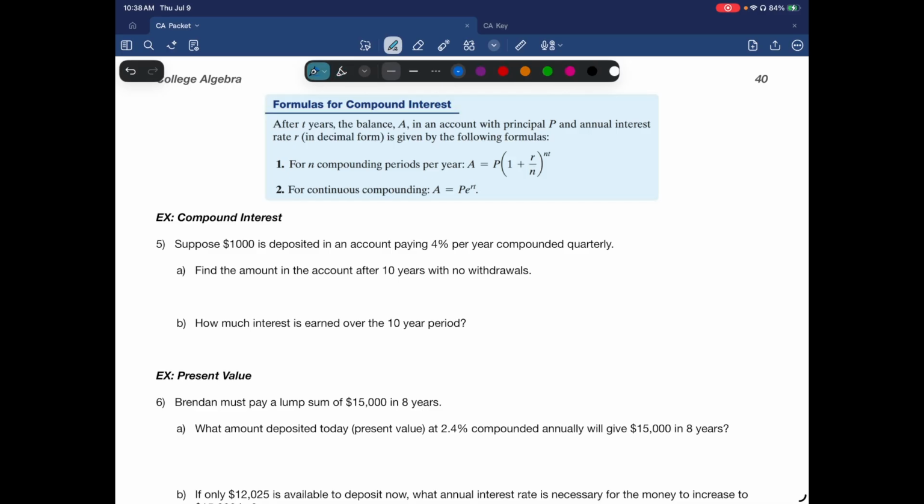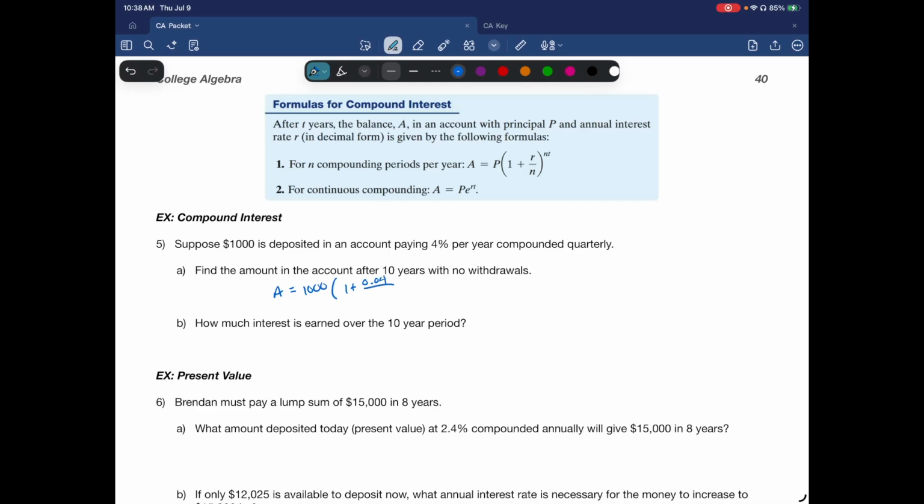So we're going to take a look at some of these problems and see what we got. On number 5, it says, suppose $1,000 is deposited in an account paying 4% per year, compounded quarterly. Well, using my formula above, A is the amount, and P is your principal. So I'm depositing $1,000. All right, 1 plus r. r is my percentage rate, but you have to write it as a decimal, so you get 0.04.